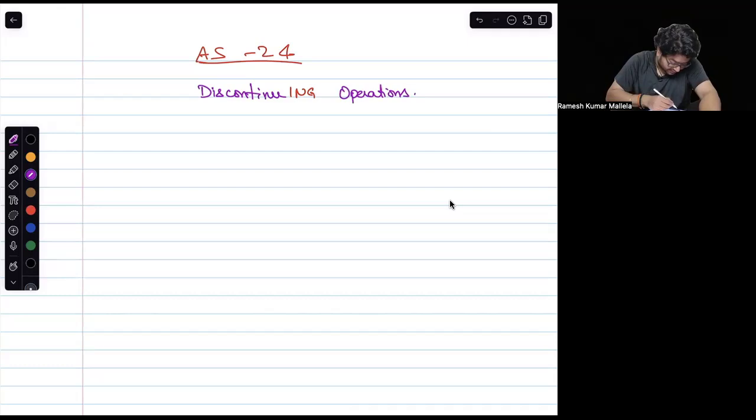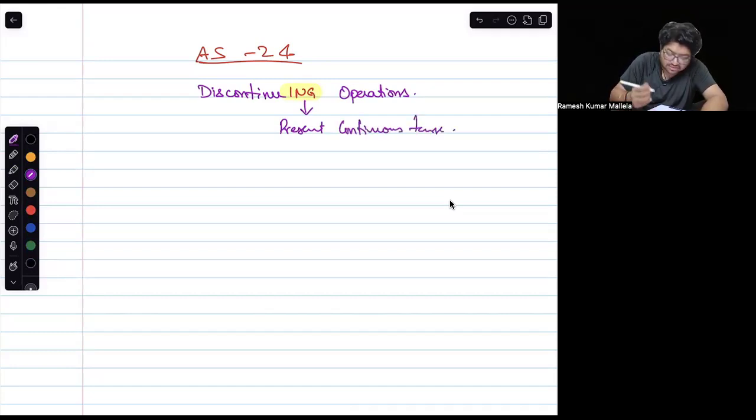The very purpose why I have specifically written ing in red color, highlighting it separately, is this is English, we call it present continuous tense. 8th class English. Past tense, present tense, present continuous tense, future tense. Yes or no?